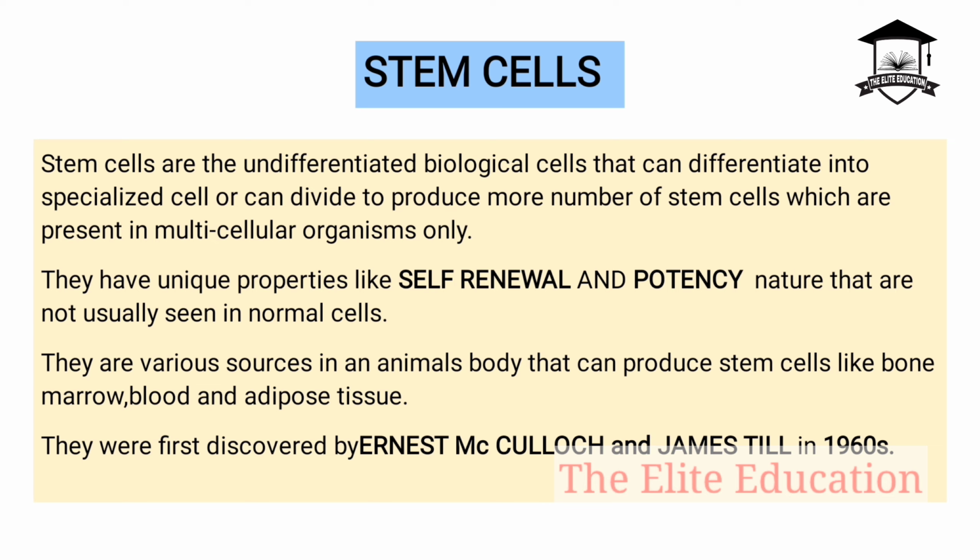They have unique properties like self-renewal and potency that are not usually seen in normal cells. Normal cells are the cells that are usually present in most parts of our body, for example, the RBCs.